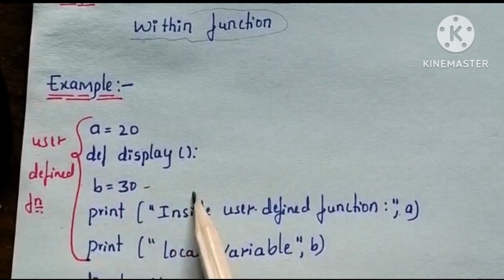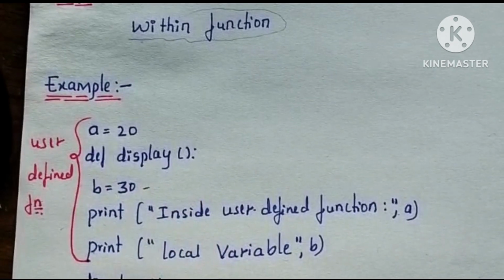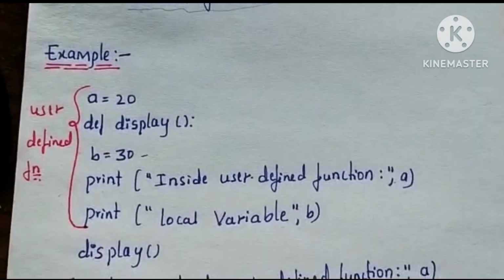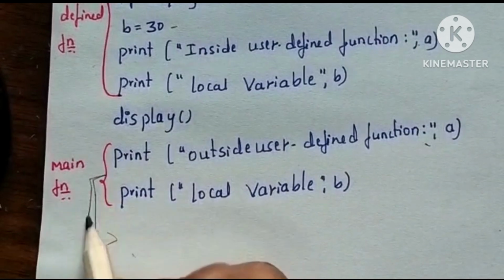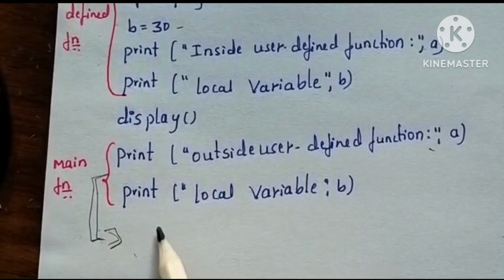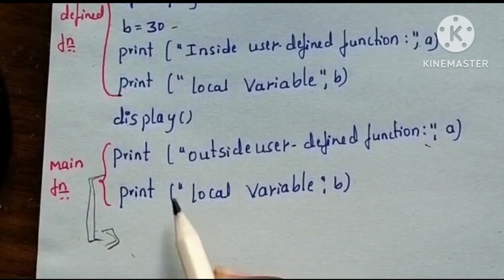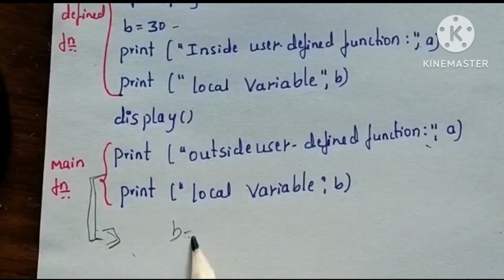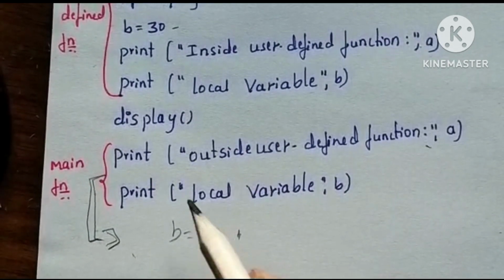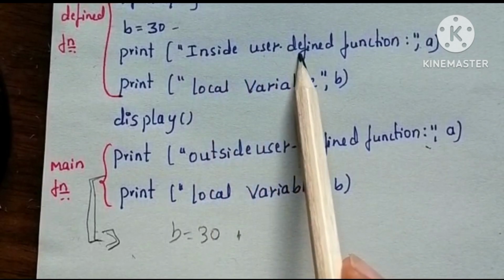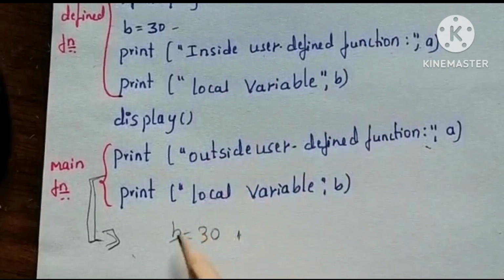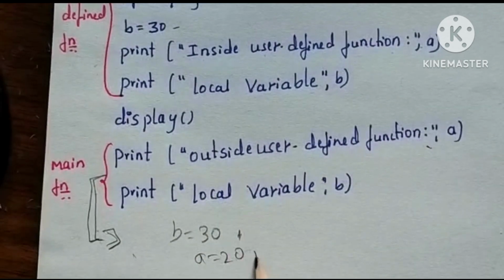So this output is first, the display function is executed, so b equal to 30, and print inside the user defined function equal to a. So a equal to 20 is printed.